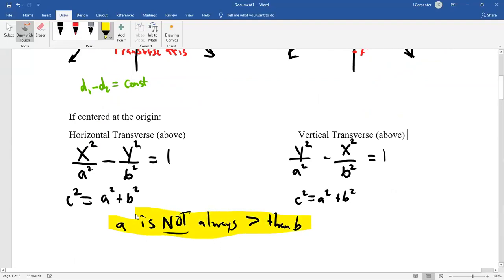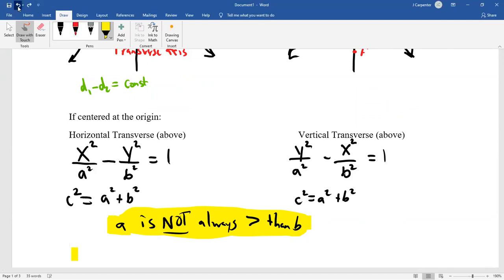For a hyperbola, the size of a and b is not going to determine whether it opens horizontally or vertically. It's the sign of the variable term that determines this.